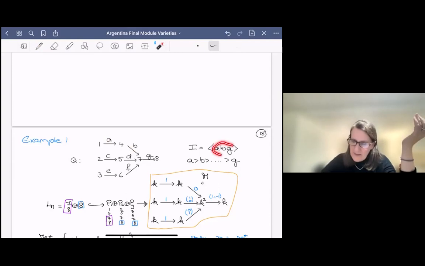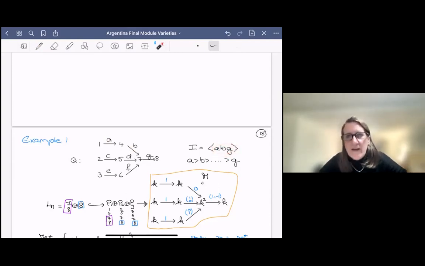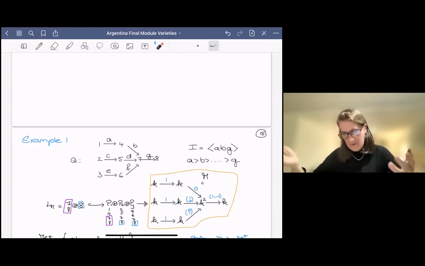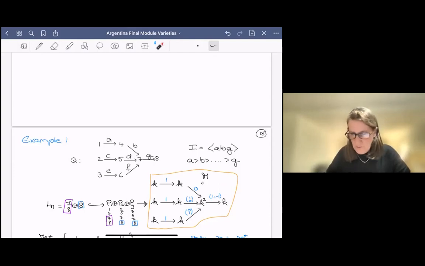These linear maps have to satisfy the relation. That means here, the composition of these linear maps should be 0, but because we have the 0 map in there, it's automatically given. And then this gives you a representation which corresponds to a module over the path algebra.